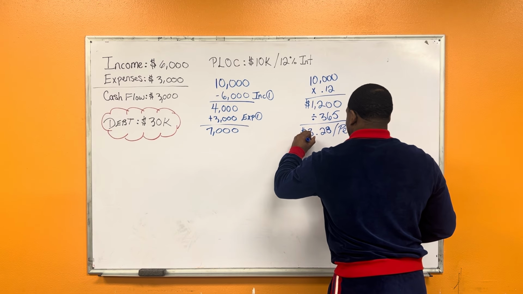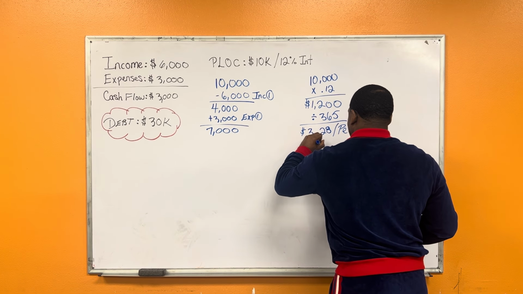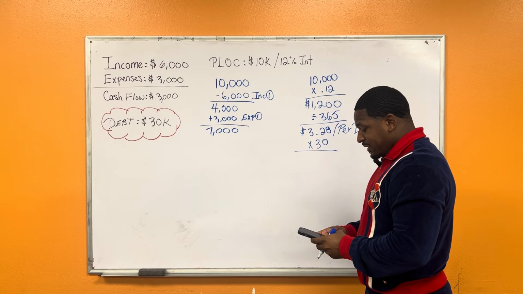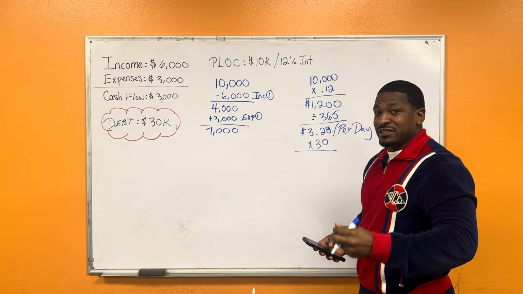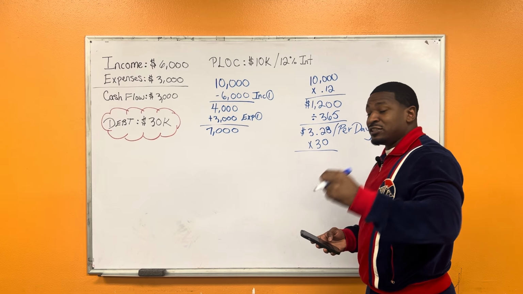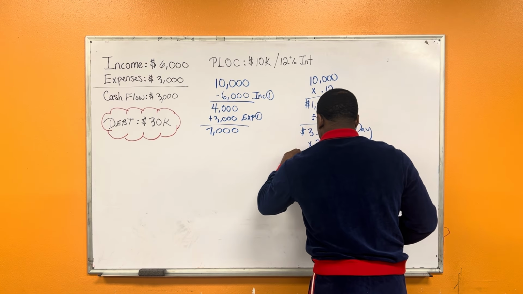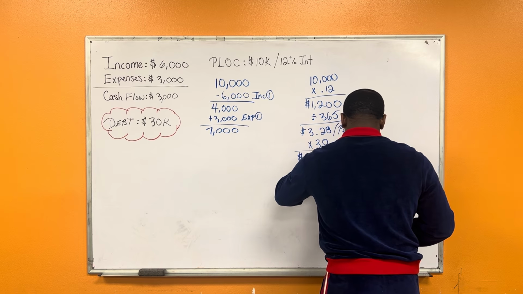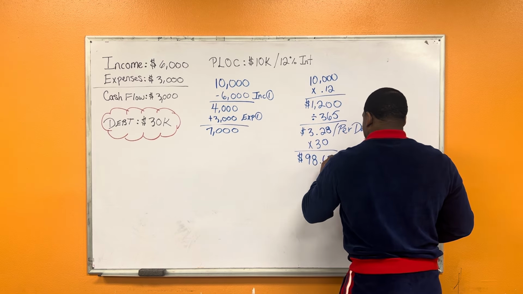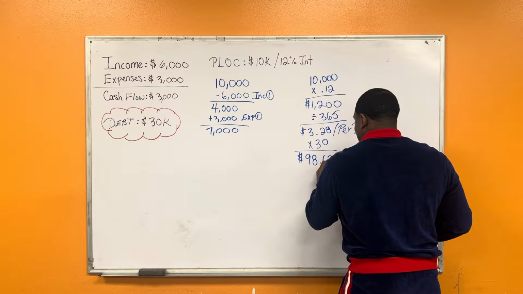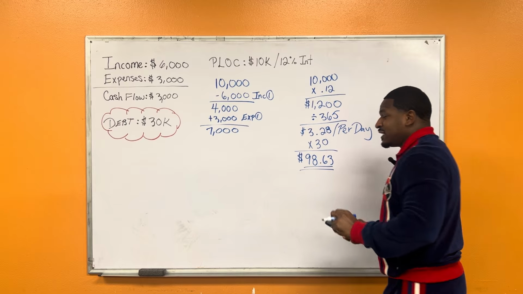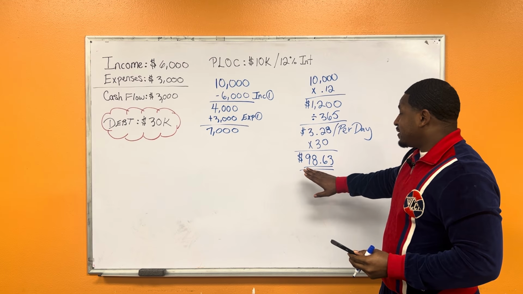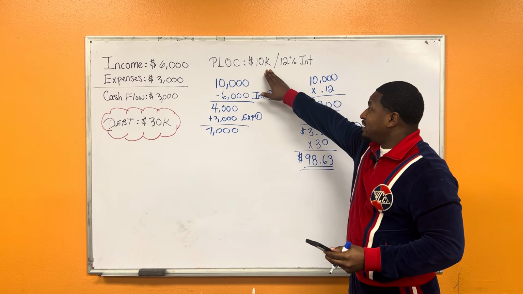So we multiply that by 30, and that gives us $98.63. That's your average daily balance interest for the $10,000 line of credit.